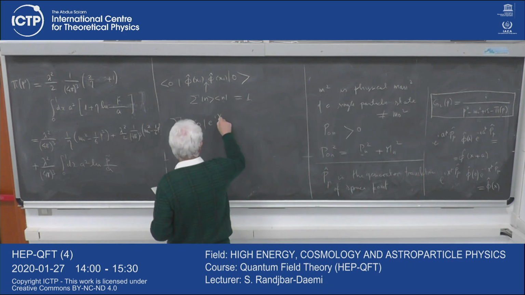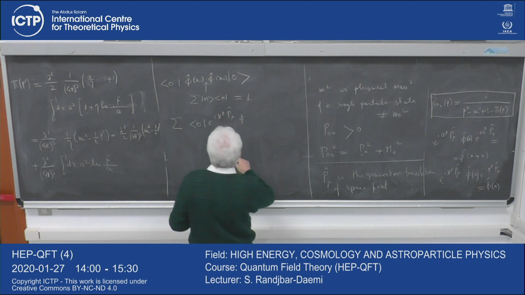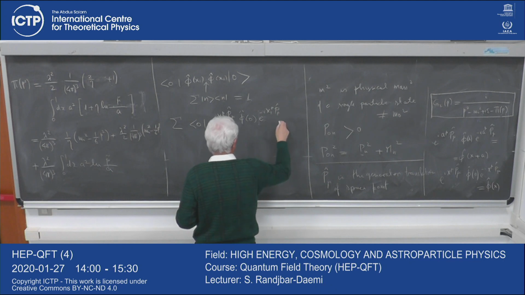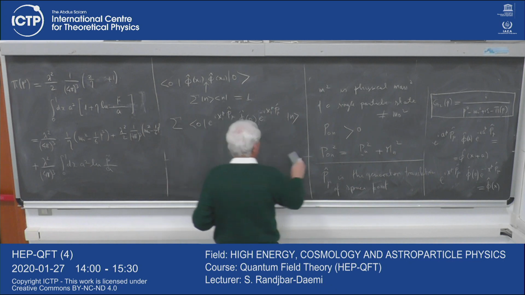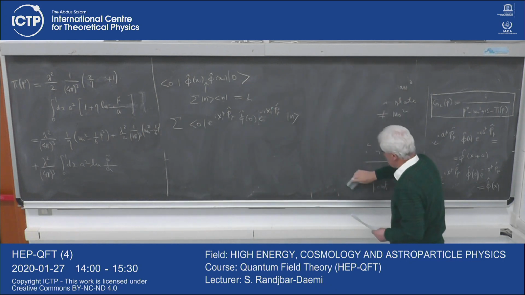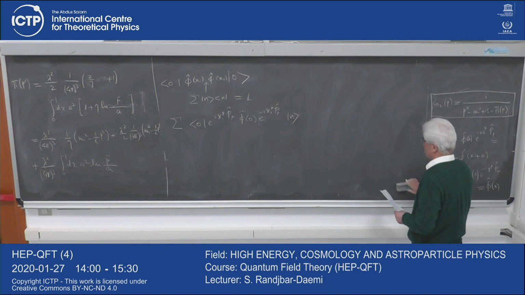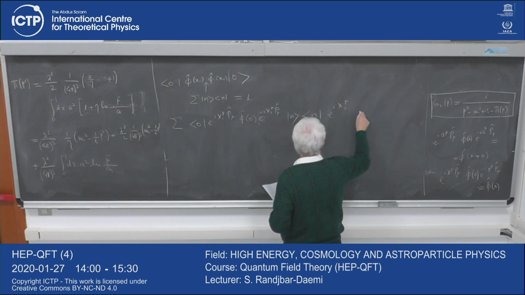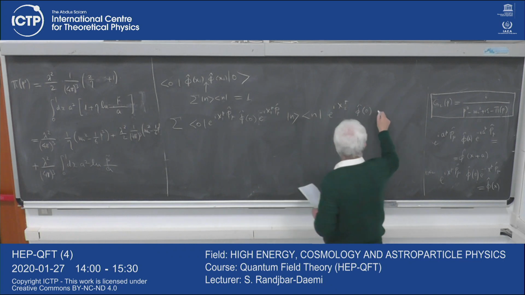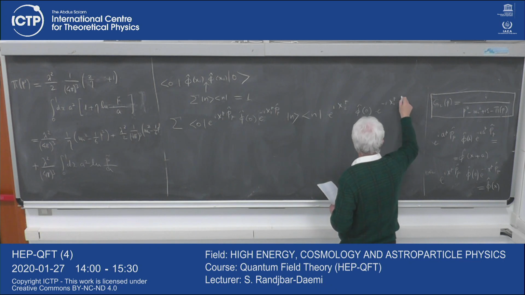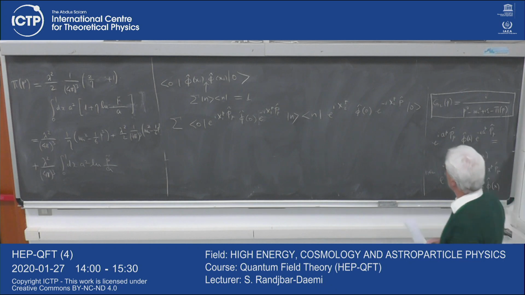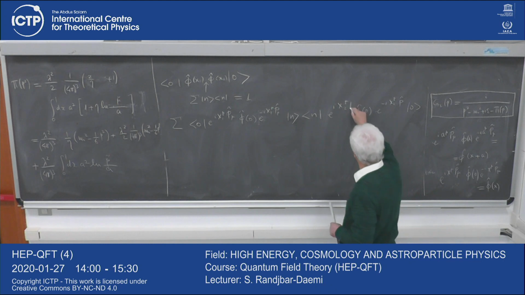Maybe to save time: x1, phi hat 0, exponential of minus i x1 mu p hat mu, times n, then exponential of i x2 mu p hat mu, phi hat 0, exponential of minus i x2 mu p hat mu, ground state. The exponential of the second part.